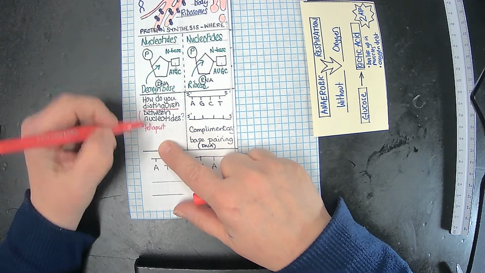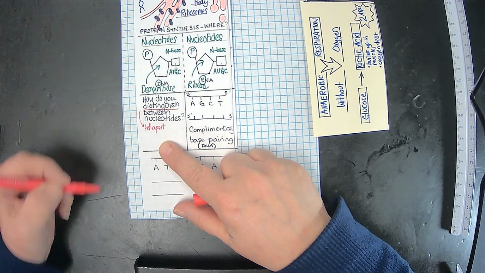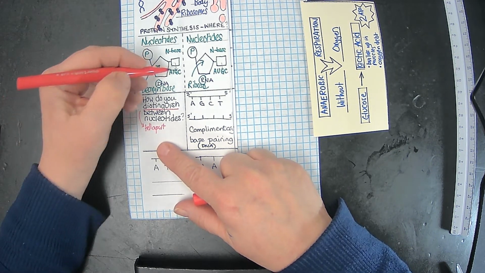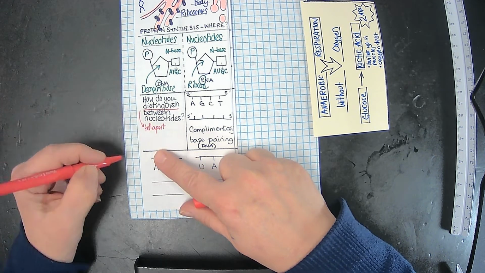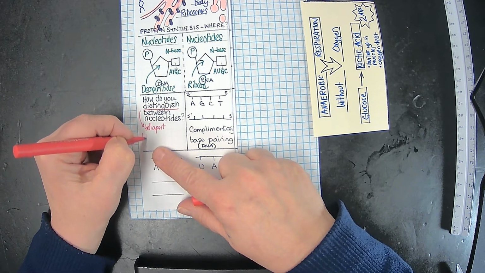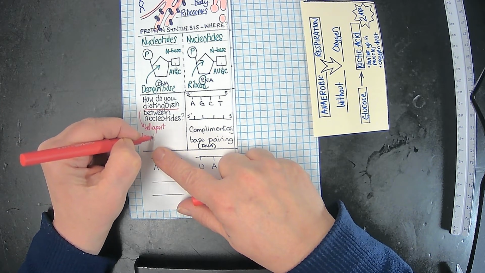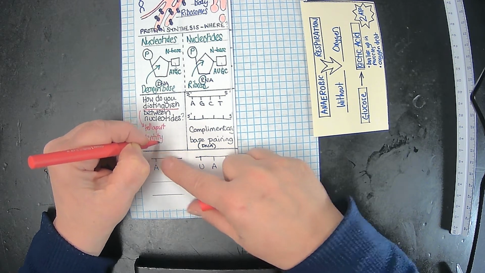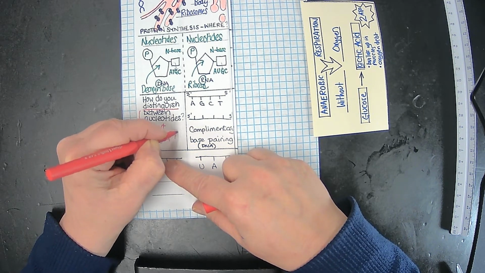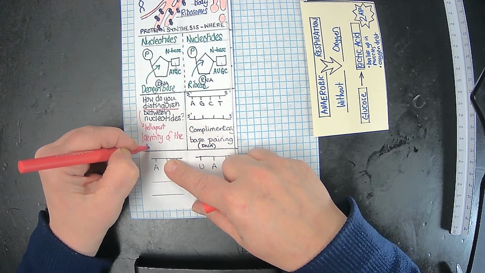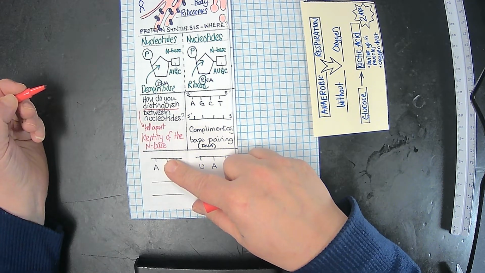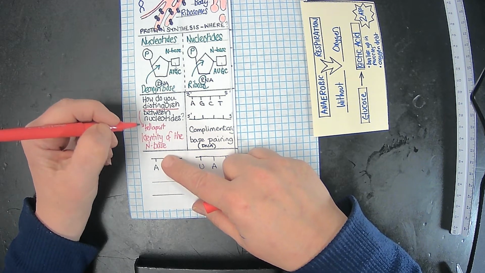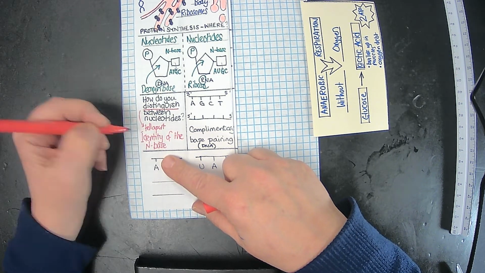But in essence, if you're just looking at the DNA nucleotides, you tell them apart by the nitrogen bases. So how do you distinguish between nucleotides? The identity of the nitrogen base. Is it adenine, thymine, guanine, cytosine? Or if it's RNA, is it uracil?